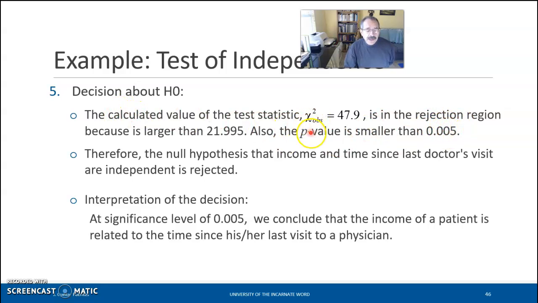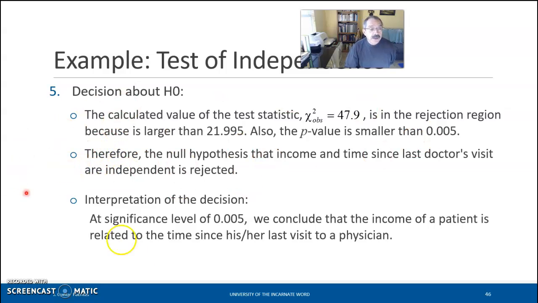So both criteria indicate that the null hypothesis should be rejected. So the assumption that the level of income and the time since the last visit to the doctor are independent is rejected. So there is a dependency between income and the time since the last visit to a physician.